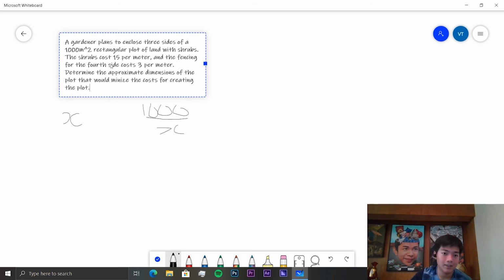So the total costing would be 2 times x times 15 plus, so more or less it's just 30x. 30x plus, and then 15 plus 3 is 18, 18 times 1,000 over x.